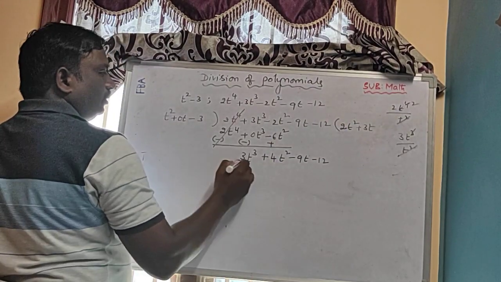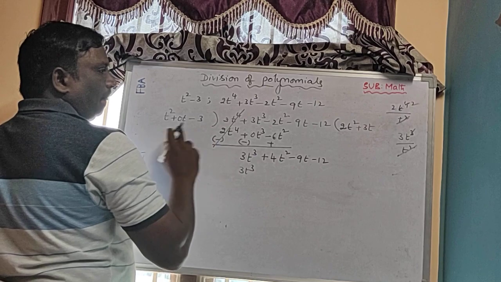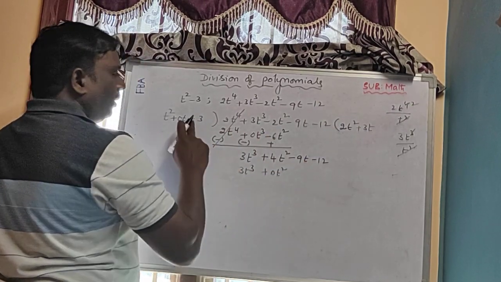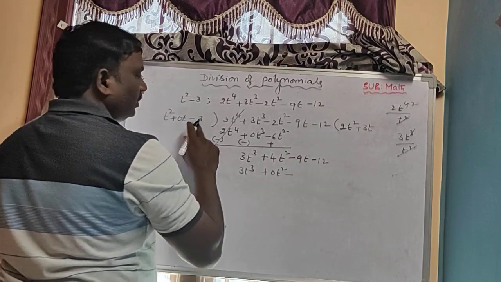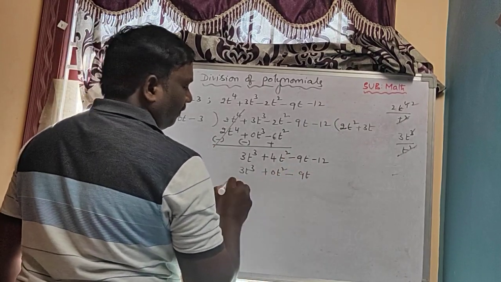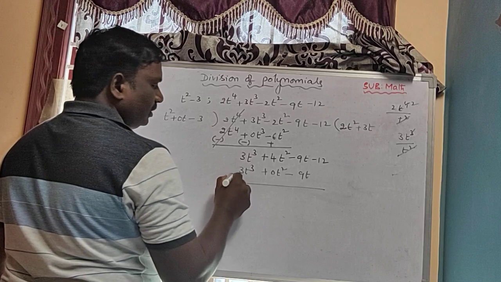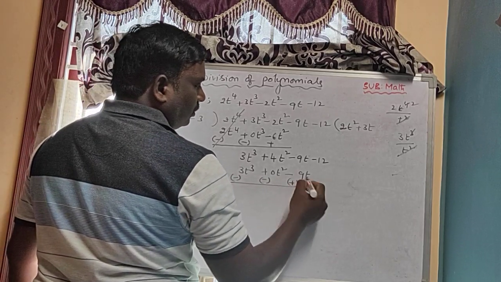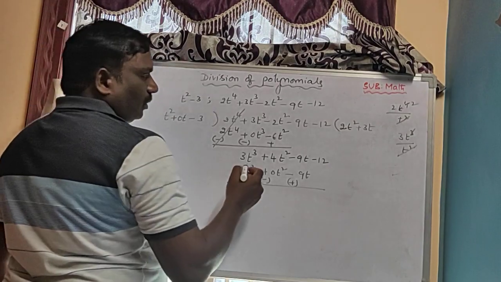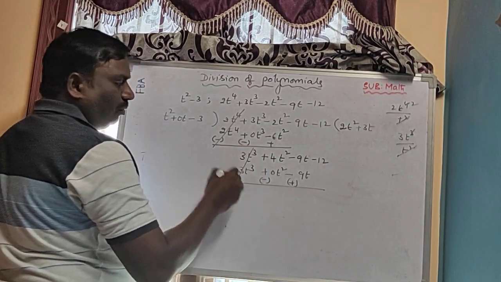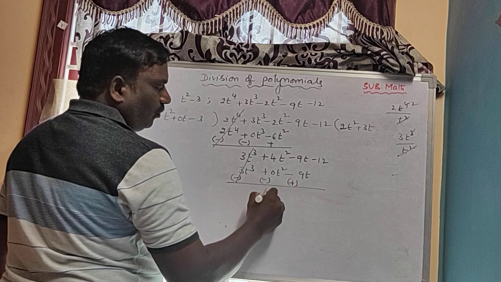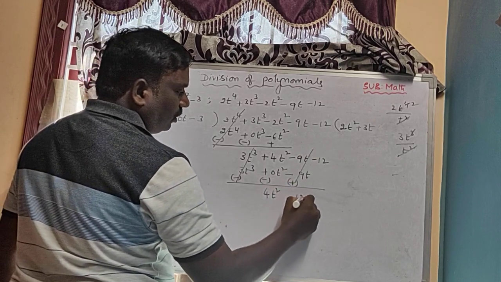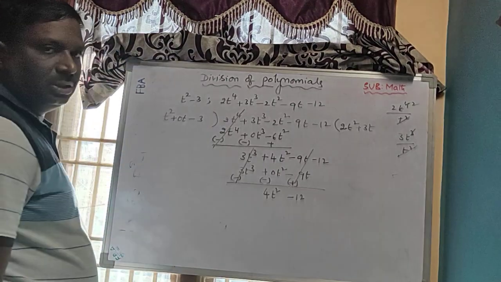Multiply again: 3t cube plus 0t square, minus into plus, minus 3 threes are minus 9t. Minus minus plus. Now these two will cancel, 4t square, and minus 12, minus 12.